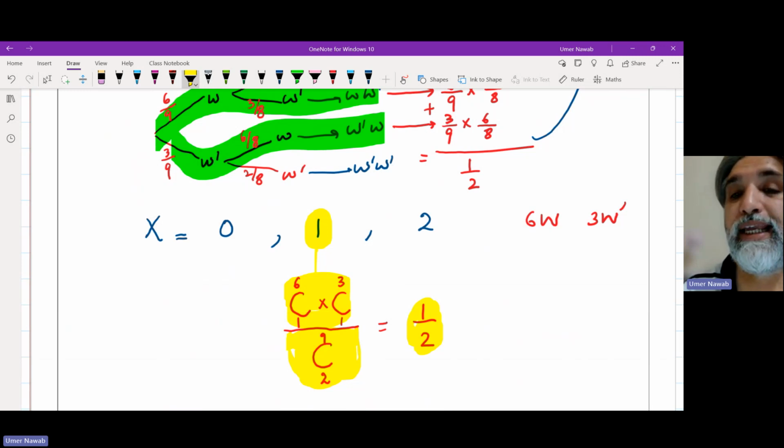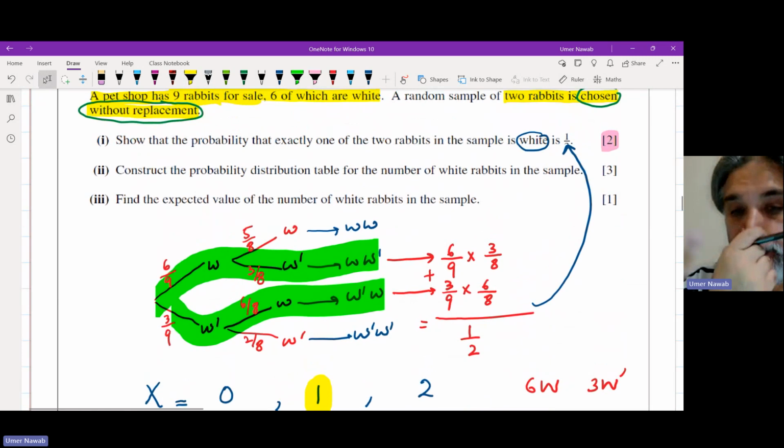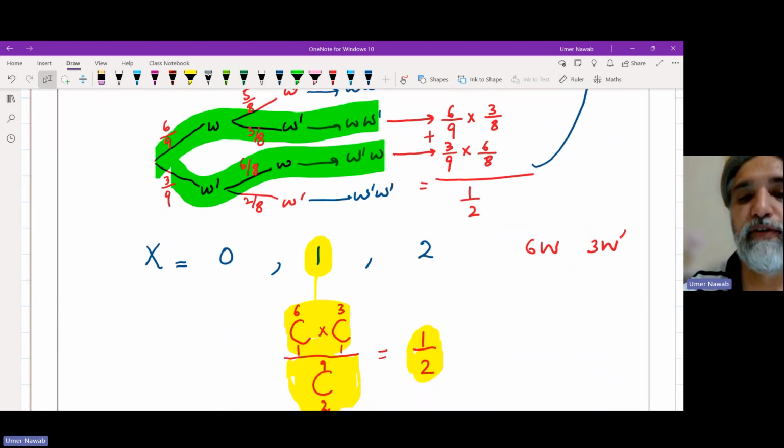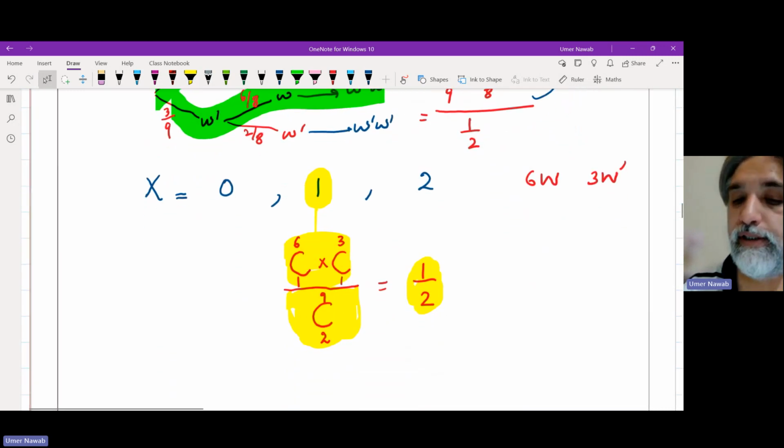So combinations can be used, but a student needs to be careful, as he is going to pick one rabbit from the 2 rabbits. So there are 2 possible cases we have, which we saw in the tree diagram case. But combinations definitely can be used.